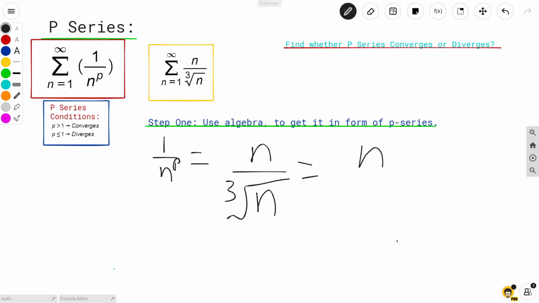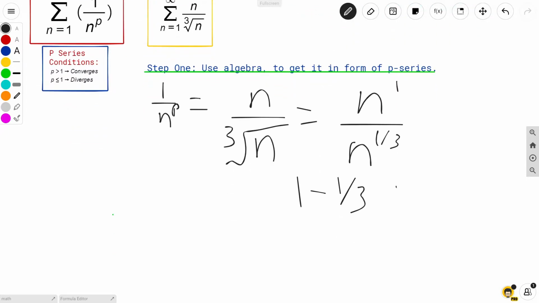Our n is n raised to the 1, and our cube root we can rewrite as n raised to the 1/3. Then by applying the exponent property, since this is division, we can just subtract the exponents. So 1 minus 1/3 is equal to 3 over 3 minus 1/3, which is equal to 2/3.